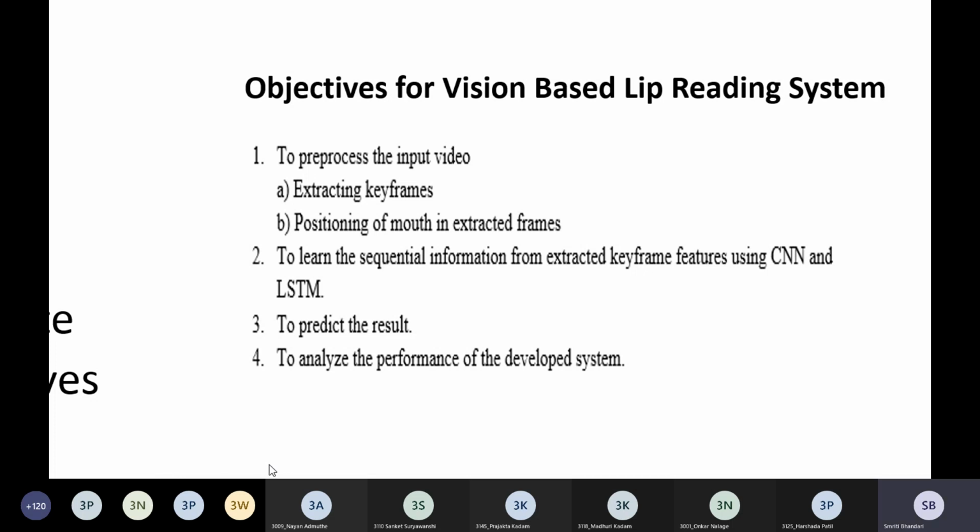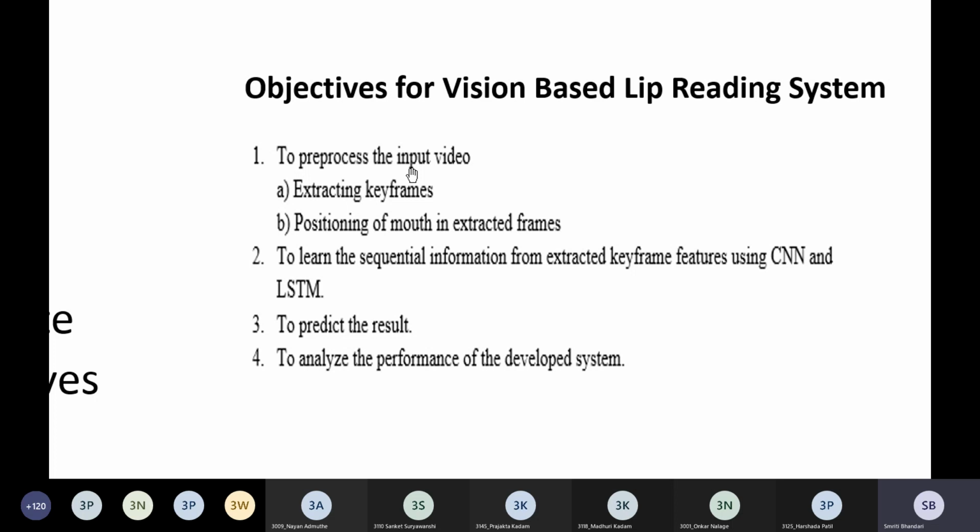The objectives are in bulleted form, as I stated, and as I mentioned, they describe the milestones we would like to achieve throughout the process. So what is the first objective?